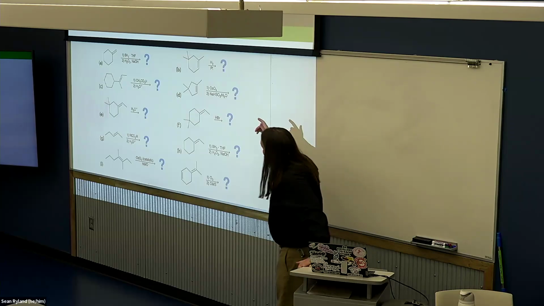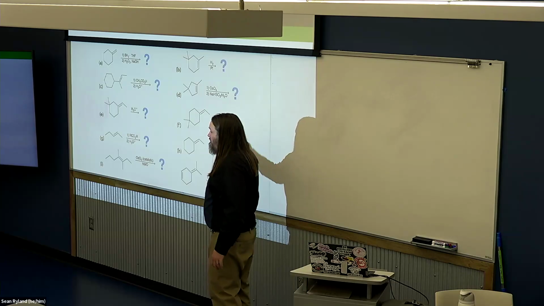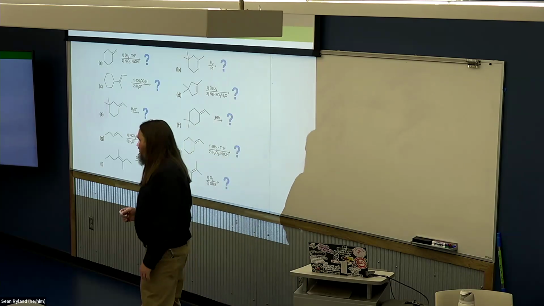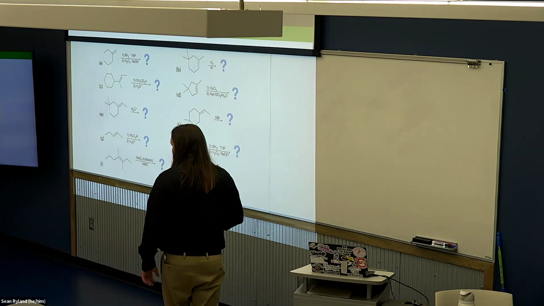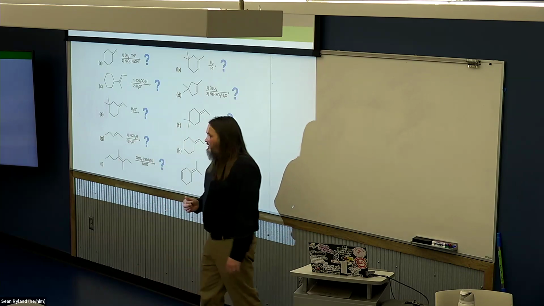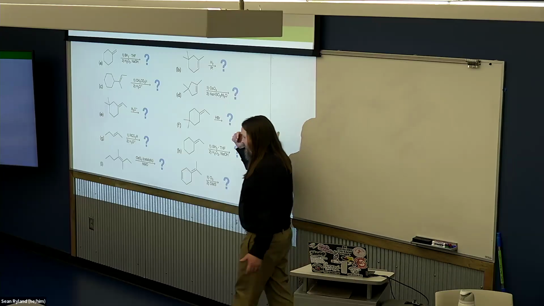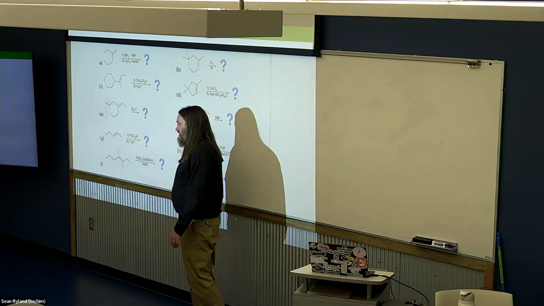So this would be like 40% of the test, because each one of these would be worth 4 points is usually the way I score it. So then 70% of your midterm is going to be 3 mechanisms and 10 reactions.